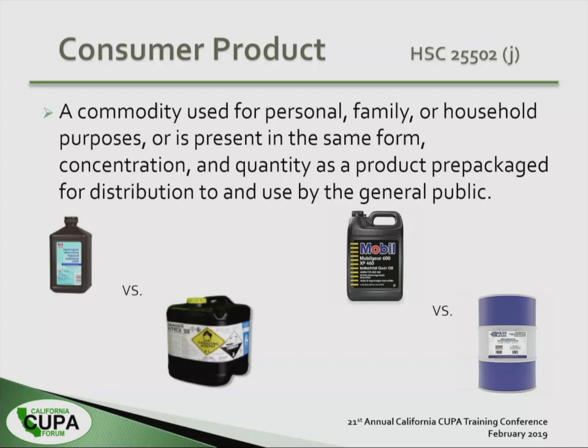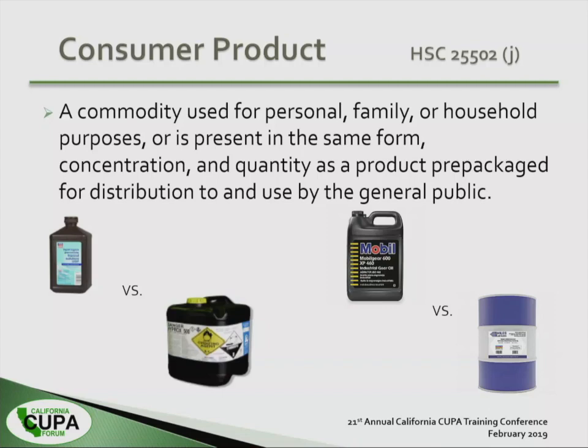Consumer product is a commodity used for personal, family, or household purposes, or is present in the form and concentration and quantity as a product prepackaged for distribution and for use by the general public. So the intent of a consumer product needs to lie within the retail establishment, and the concentration is another key word here.